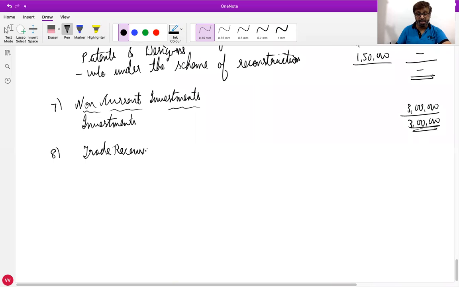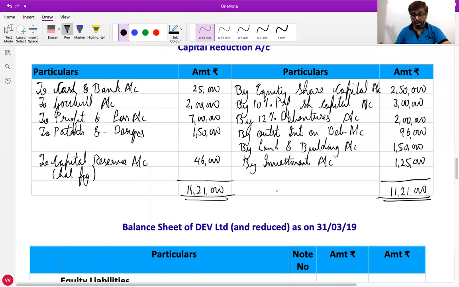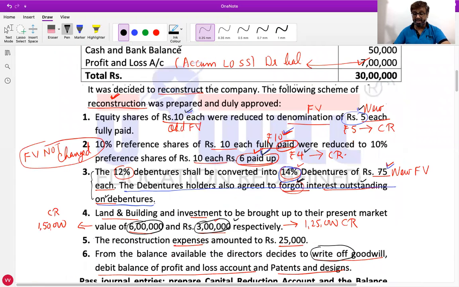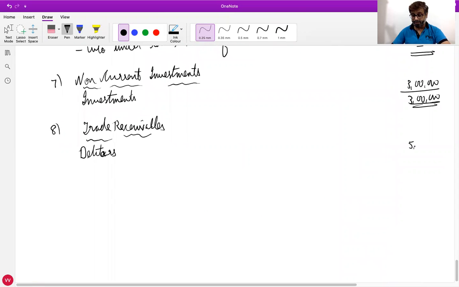Trade receivables, that is debtors in the balance sheet, are 5,75,000. Total also 5,75,000. And cash in bank means lastly cash and cash equivalents.